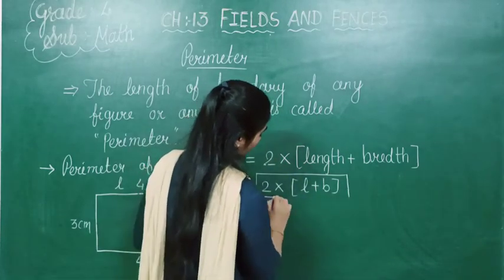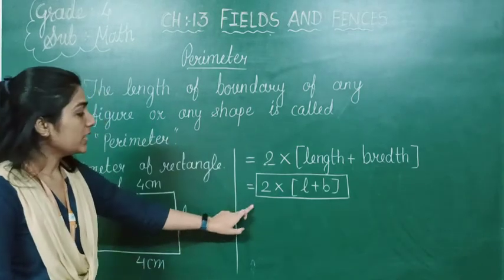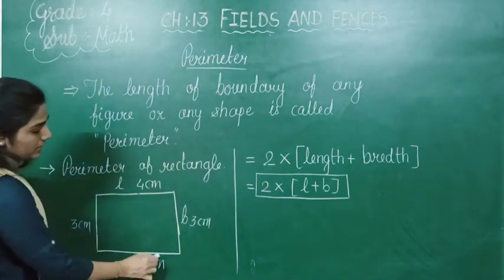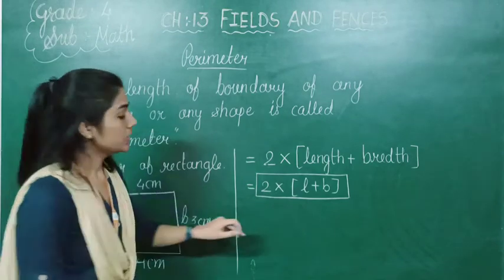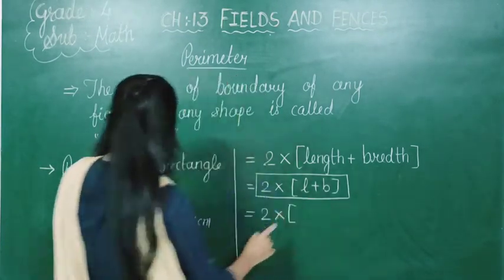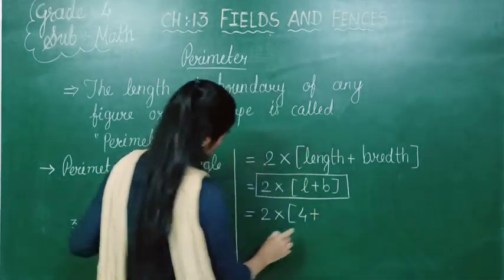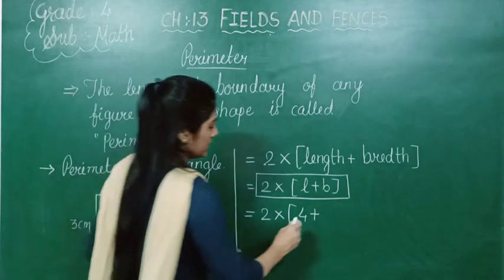According to this formula, the sums will come. Now, if I write this measurement in this formula, 2 multiply length, we have 4 cm, plus breadth, we have 3 cm.